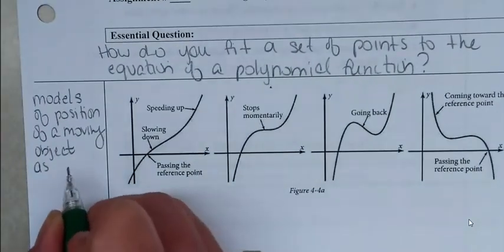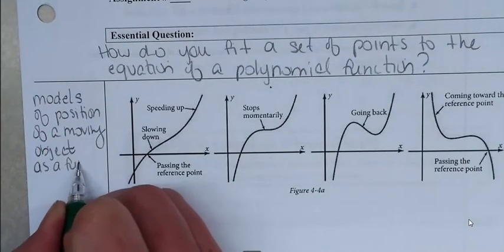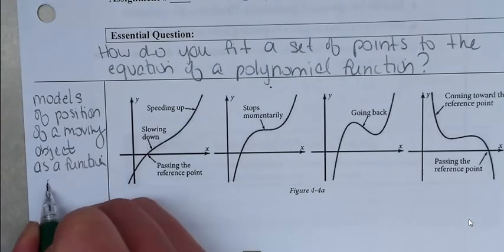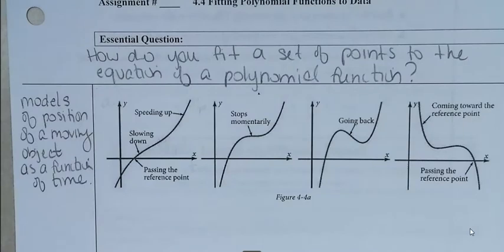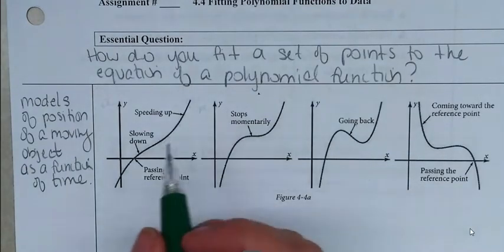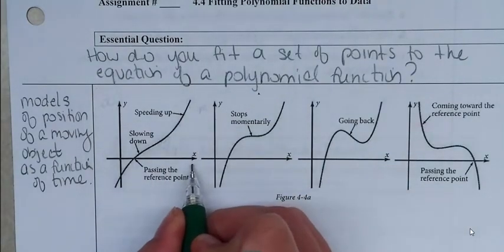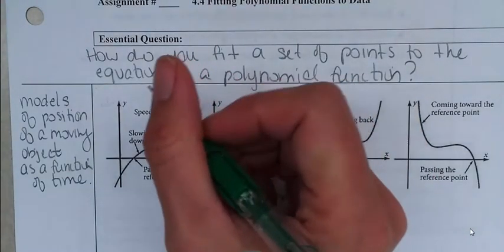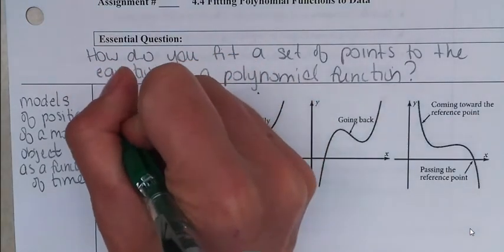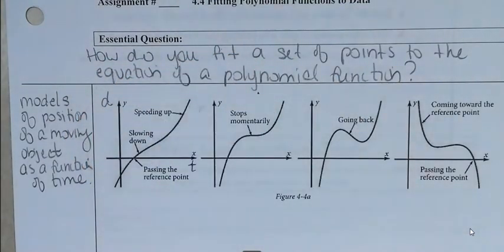So for modeling position as a function of time, your input, or independent variable, is going to be time. And then your output would be position, or maybe distance from some initial starting point.